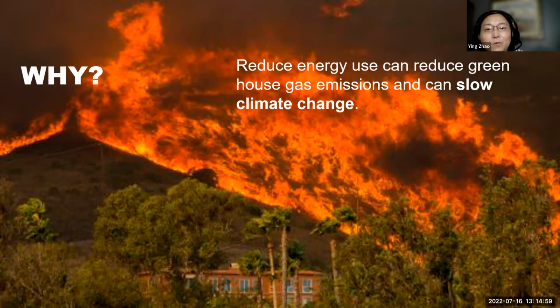For example, the forest fire here in the picture, and also other more devastating effects. So reducing greenhouse gas emissions is the number one key to working towards a cleaner, greener, safer, and healthier society around the globe.